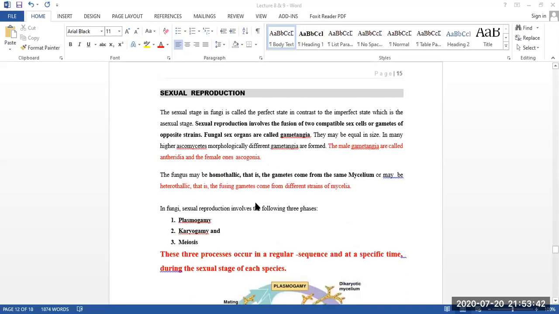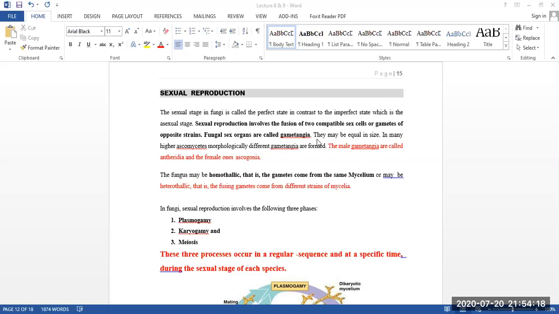Then another one is sexual reproduction. We already learned about asexual reproduction of fungus, now the sexual one. In sexual reproduction there are always two parents, and it involves the fusion of two compatible sex cells or gametes of opposite strains. Fungal sex organs are called gametangia, and they may be equal or unequal in size.